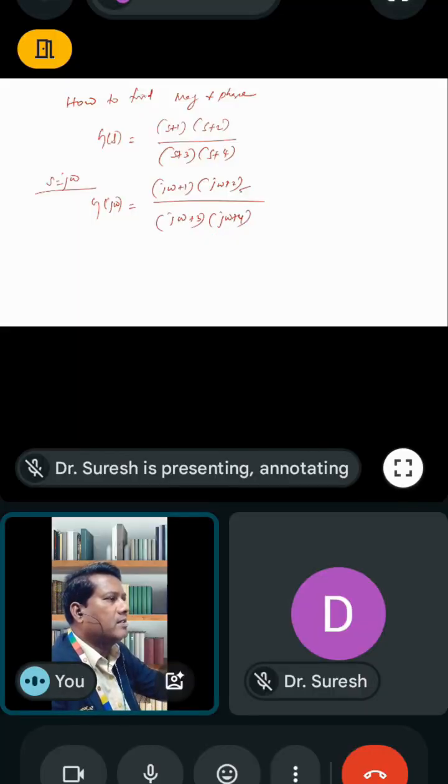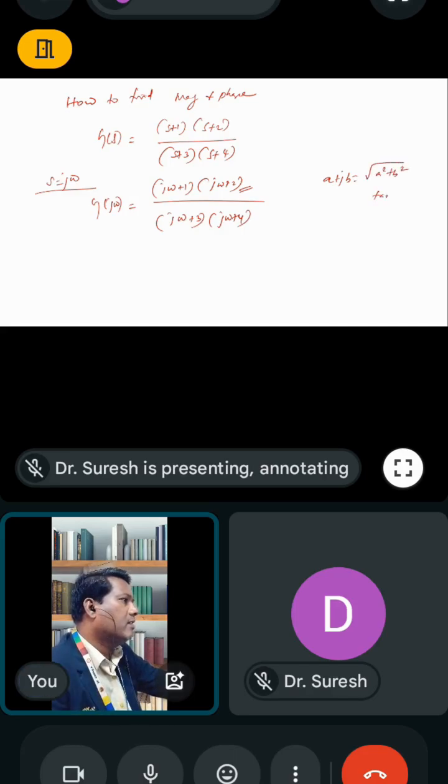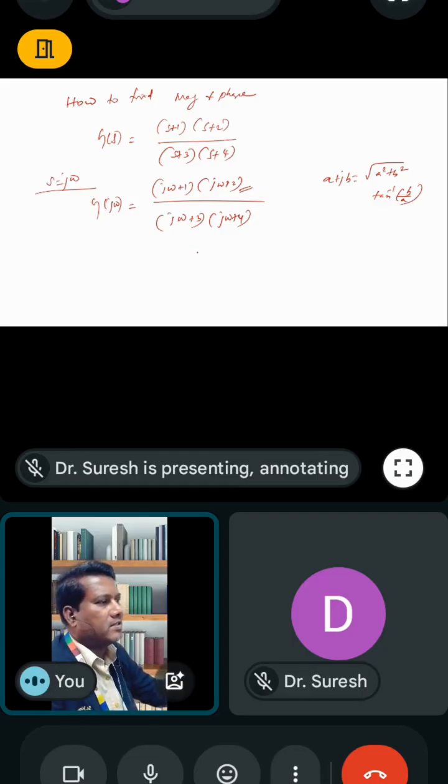The given expression is in complex form, so we have to write a plus jb equal to root of a squared plus b squared, tan inverse b by a. For the first term, j omega plus 1, it is square root of 1 plus omega squared, tan inverse omega.